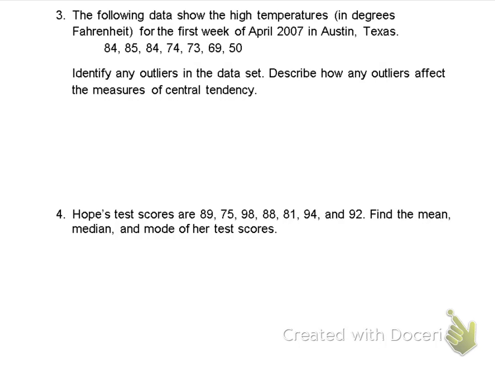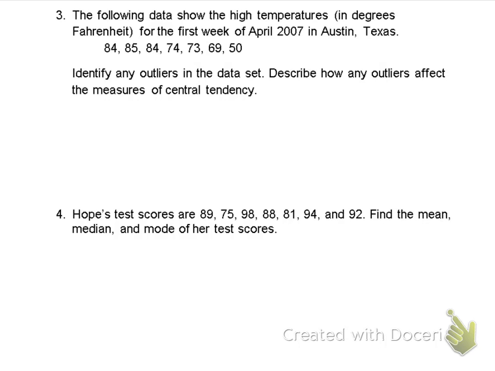Now we're going to be talking about outliers, which we talked about on the first page, is a value that is much greater or much less than all the rest of the values. So we're looking at this data set that shows us the high temperatures for the first week of April in 2007, Austin, Texas. And it says to identify any outliers.